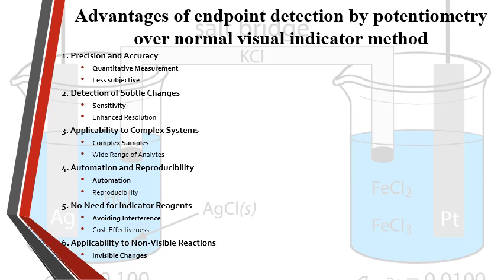In summary, potentiometry provides several advantages over visual indicator methods, including greater precision and sensitivity and applicability to complex systems. It offers a more objective and reproducible approach to endpoint detection, which can be particularly beneficial in high precision and automated analytical environments.